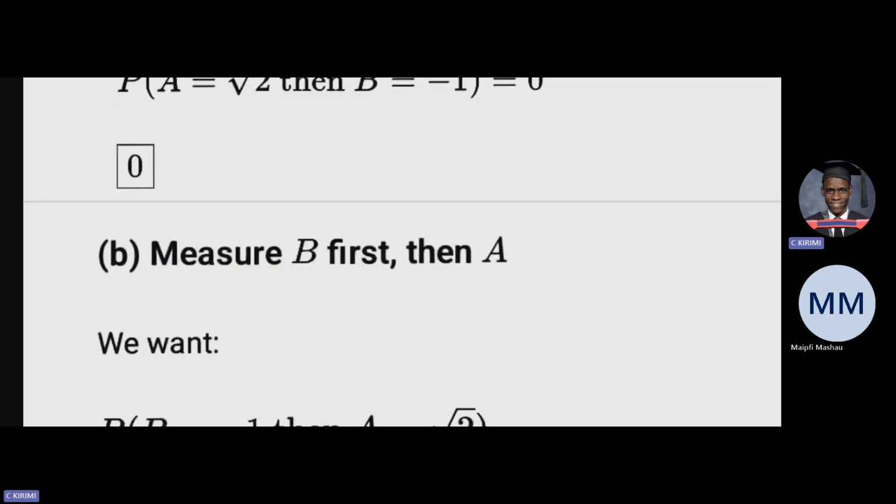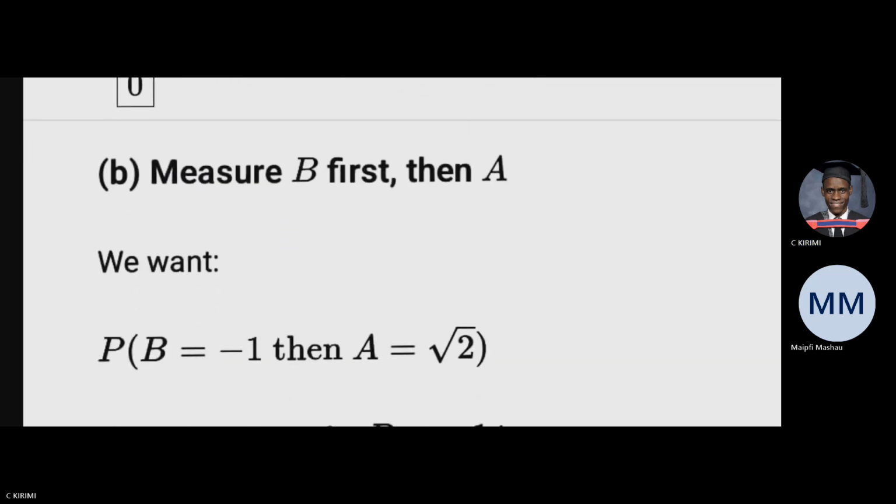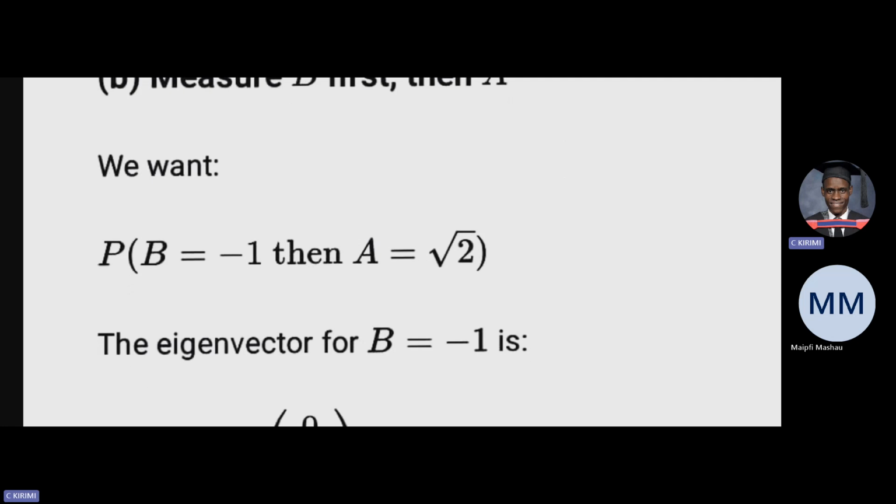Then for B, you measure B first, then A. Now it's the reverse. So we want the probability where B is negative 1, then A must be root of 2 immediately.